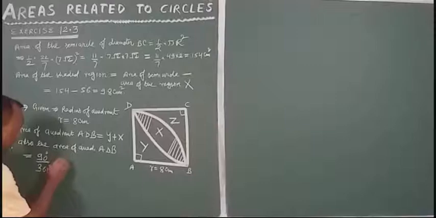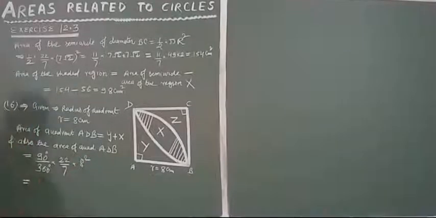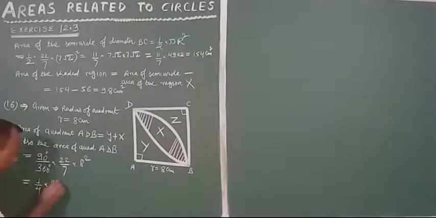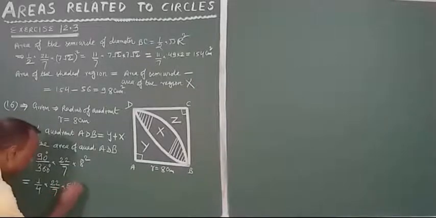So that is 22 upon 7 into r square. 90 upon 360 is 1 upon 4, and this is 22 upon 7, and this 8 square is 64.